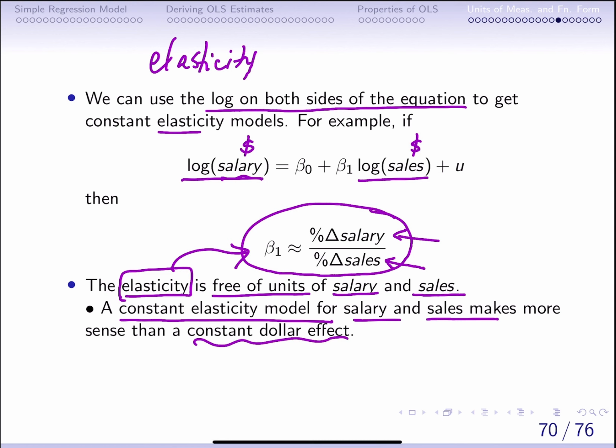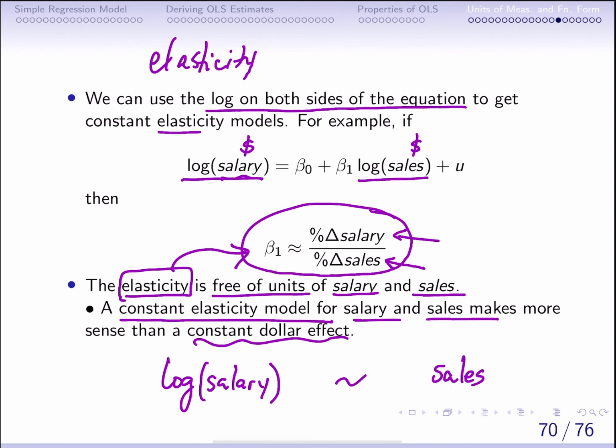So if we had, for example, log of salary regressed on sales in dollars, the coefficient here would capture a percentage effect.